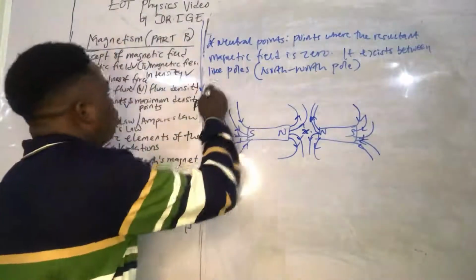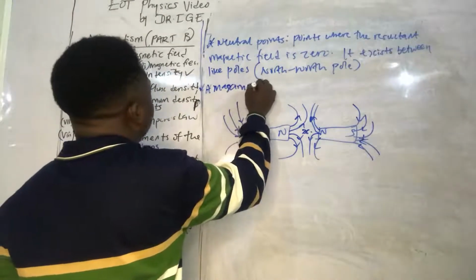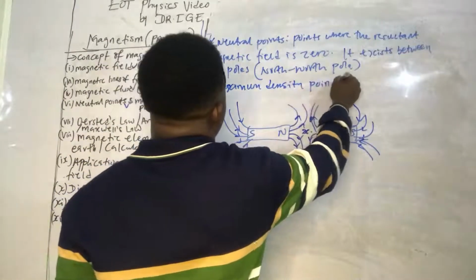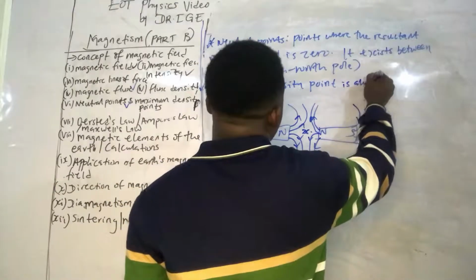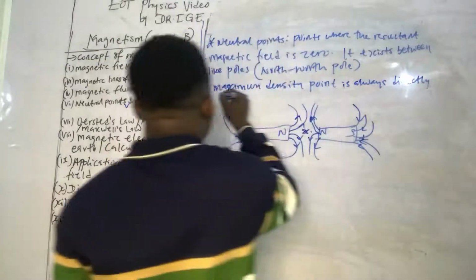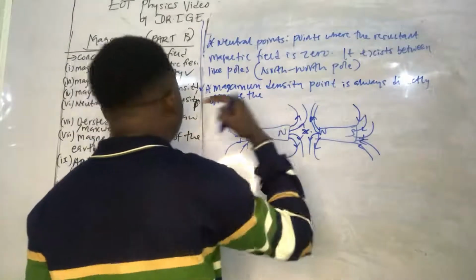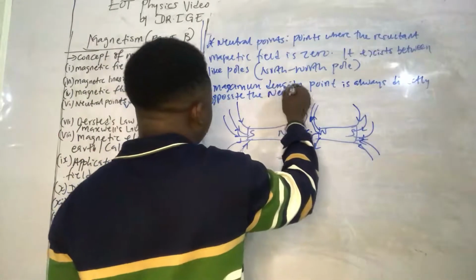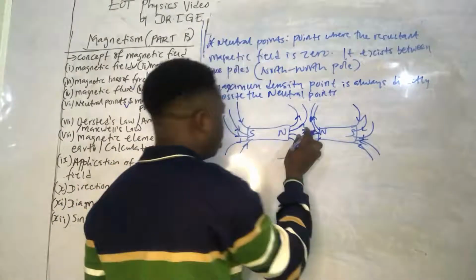And also, we cannot talk about a neutral point without talking about the maximum density point. The maximum density point is always directly opposite the neutral point. Look at this part.